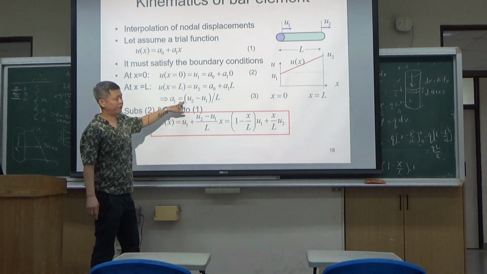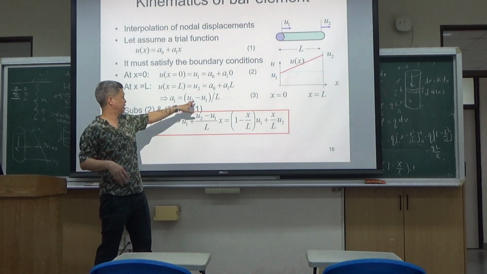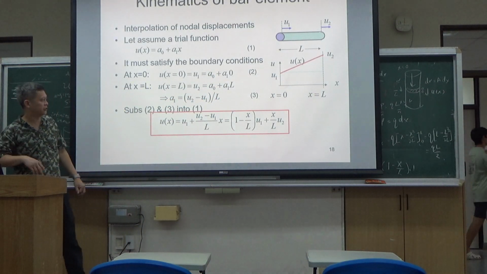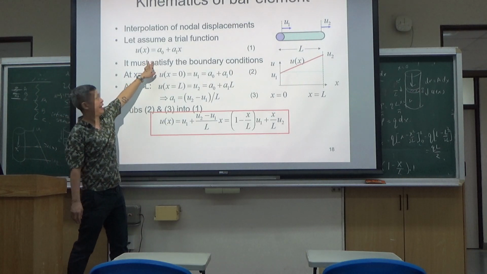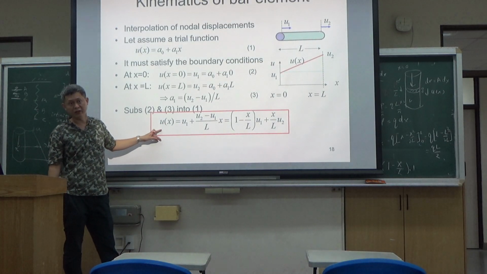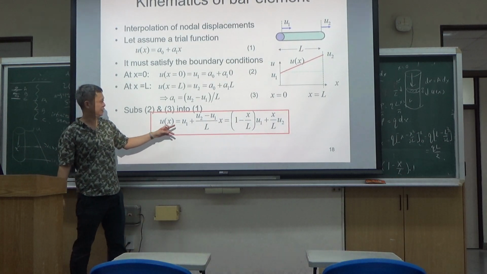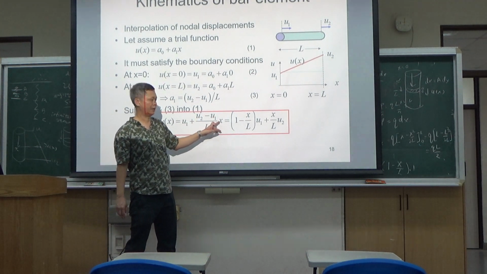Your a1 is the difference of node 2 displacement and node 1 displacement divided by the length. This is almost like your strain definition. And now, by substituting a0 and a1 back into the linear interpolation function, I can find u(x) is equal to u1 plus (u2 minus u1) divided by L times x.